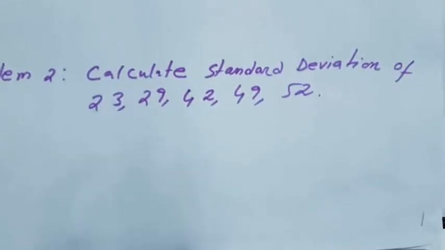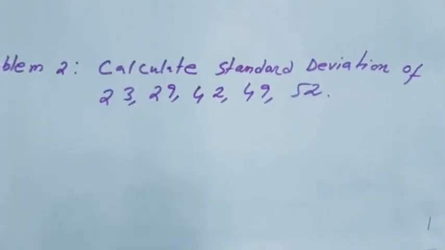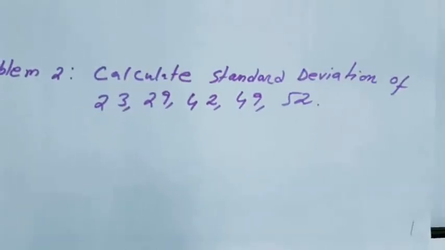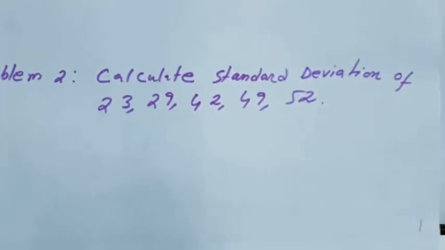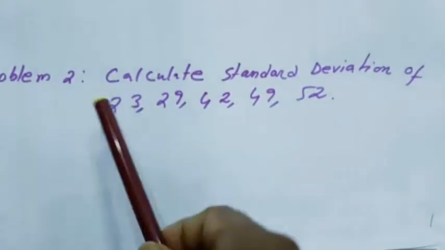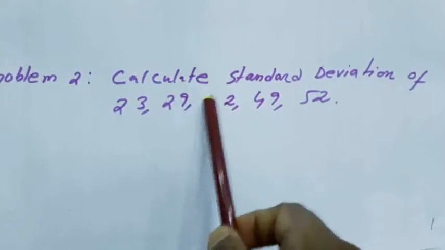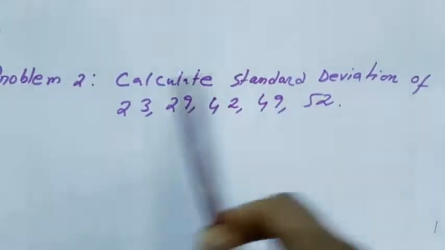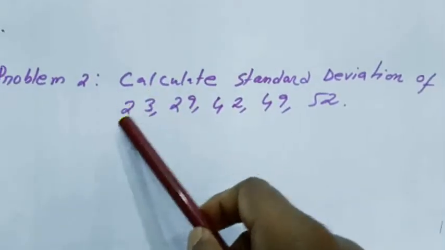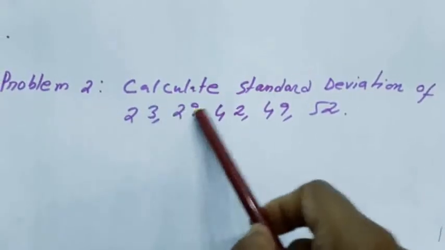Calculate the standard deviation of 23, 29, 42, 49, 52. Now see, this magnitude of the data is very large. So it is very difficult to make the square of it.